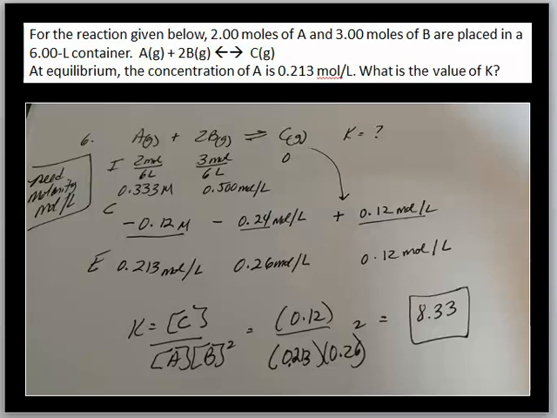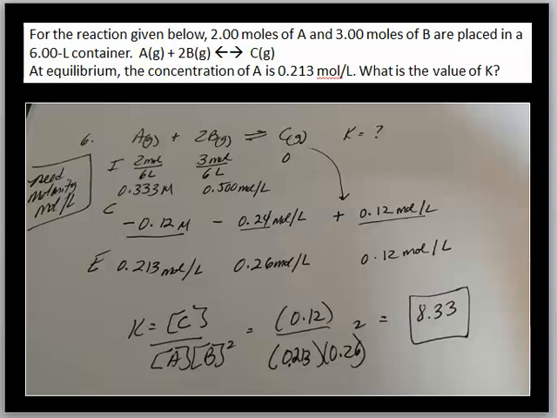So you can see that in going from 0.333 molar to 0.213 moles per liter, you've lost 0.12 moles per liter. You lost double that of B, and of course for C, you gained exactly the same mole ratio of A that you lost.